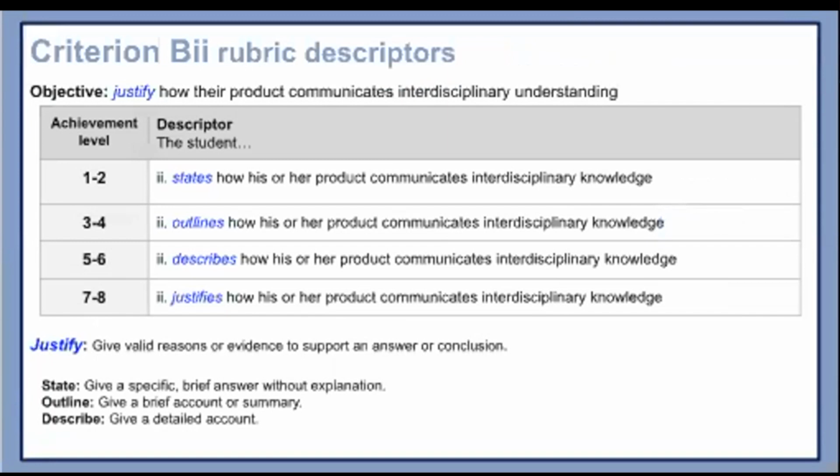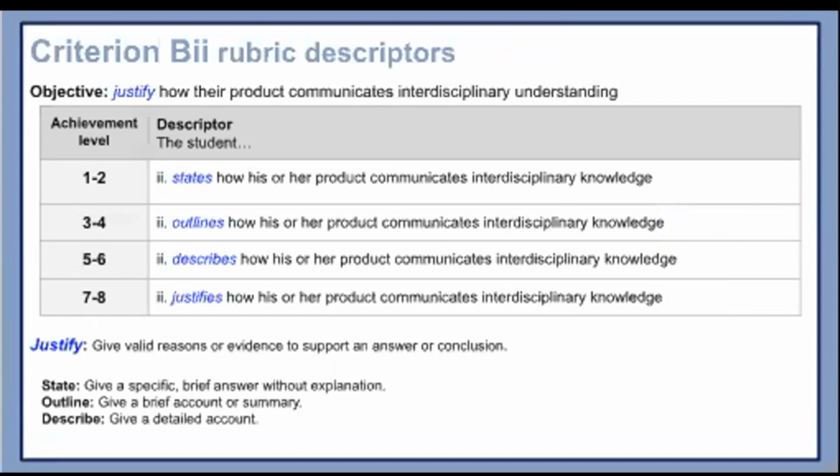Okay, so that was criterion B1. So B2, in this criterion strand, the command term to emphasize is justify. This is an odd one, because justify only shows up in the 7-8 level. But they are trying to justify how their product communicates.